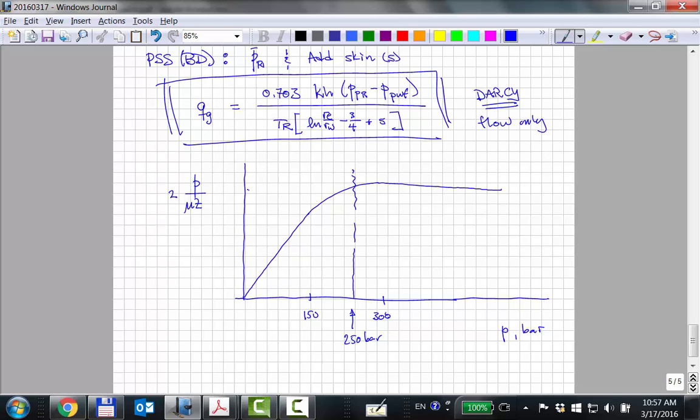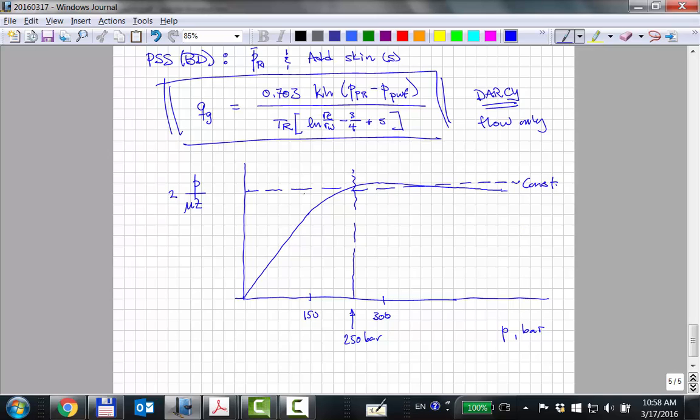And if we said that it was constant everywhere, as an approximation, this constant would be a pretty good assumption for all the way from way out here. Where it's actually like that, you can just use delta P, PR minus PWF. Okay?